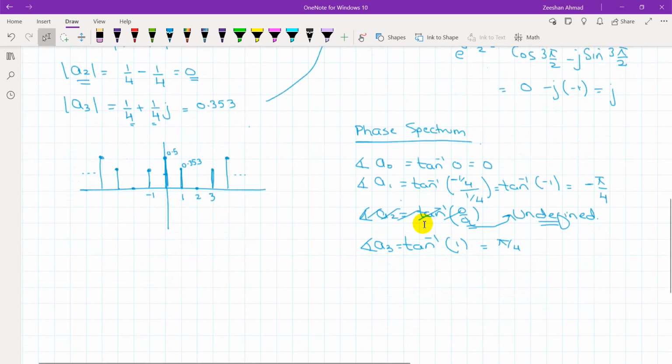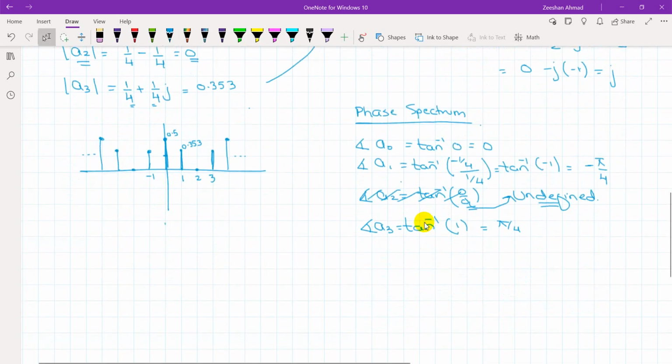You can easily plot it here now. You can see here, again, this is against k. This is the magnitude of A of k, and this is the angle of A of k. This is k here. So at 0, it is 0. At 1, it is minus pi by 4.